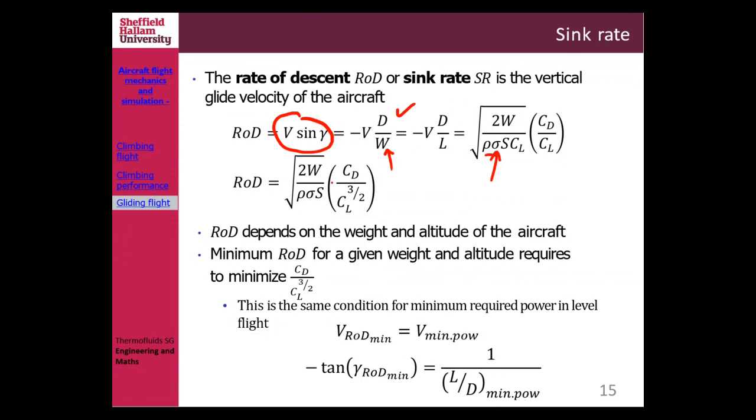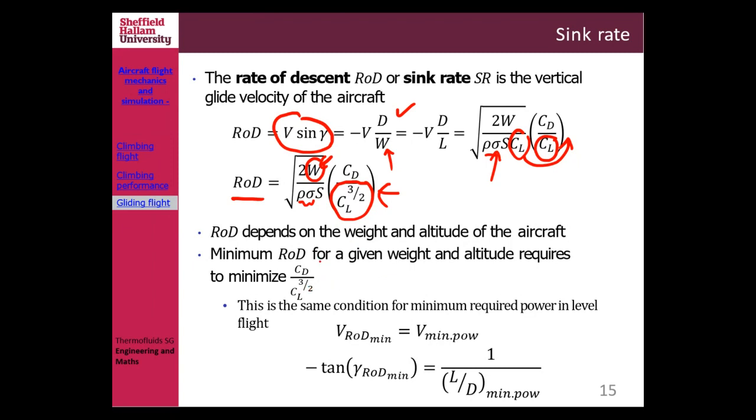If I take this out from under the square root and combine it with the CL, then you have CL to the power of 3 over 2. Then you see that the rate of descent depends on the weight, and on the altitude as well because of the rho, but more importantly, it depends on CD divided by CL to the power of 3 over 2.